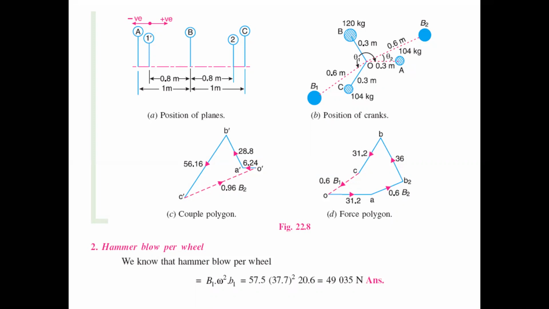The directions and values of B1 and B2 can be drawn only after the problem is completed. So first we draw A, B, C.